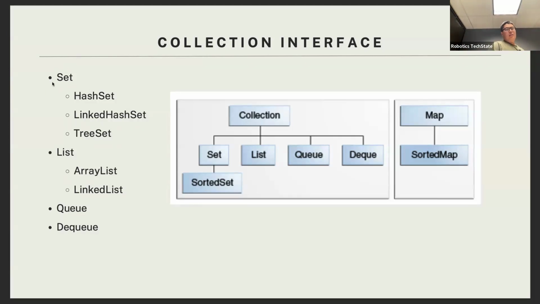Set is an interface itself, and the set interface is implemented by 3 different classes: hash set, linked hash set, and tree set. And list, what you have already covered, has 2 implementations: array list and linked list. Array list allows objects to be stored and can allow duplicate elements.